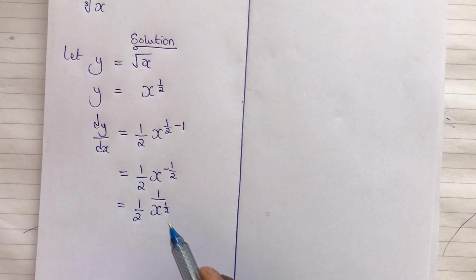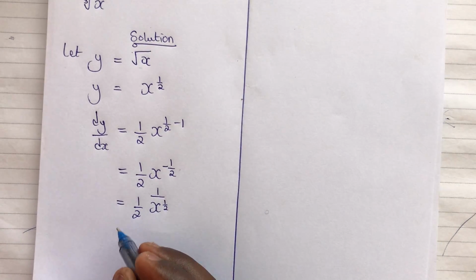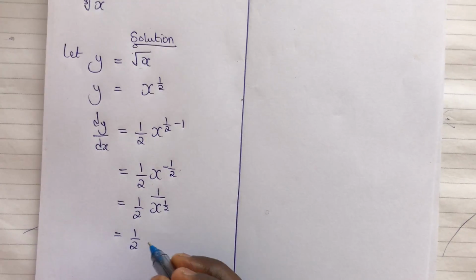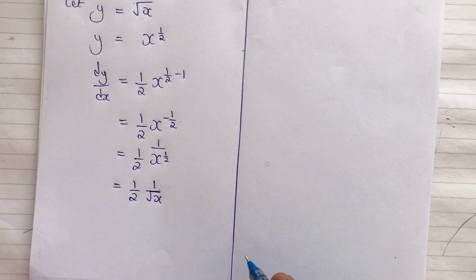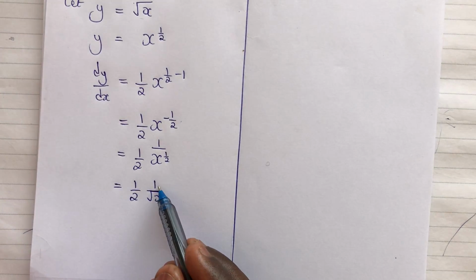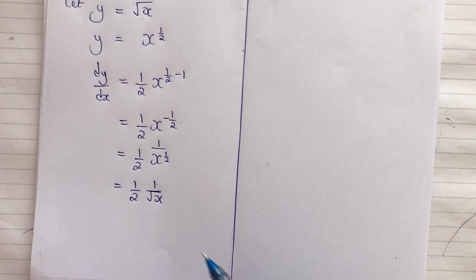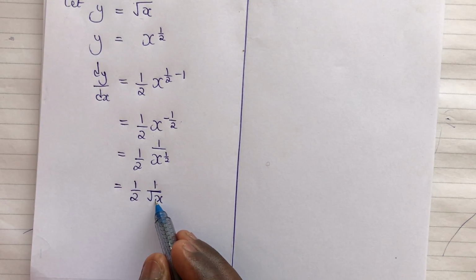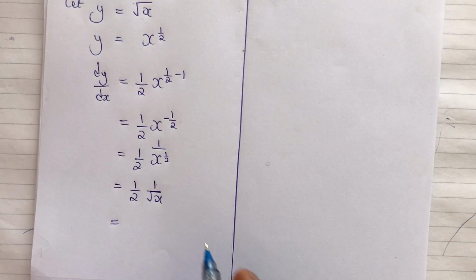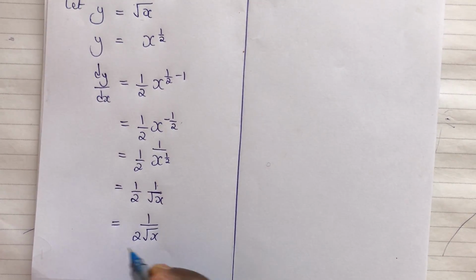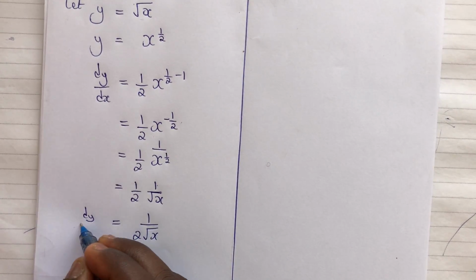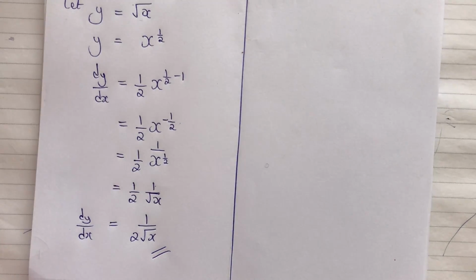Now this half power is the same as a square root, and this becomes 1 over 2, 1 over root of x, and the final thing is to multiply. So 1 times 1 gives us 1, times the denominator, which is the same as 1 over 2 root of x. Therefore our dy/dx is this result.